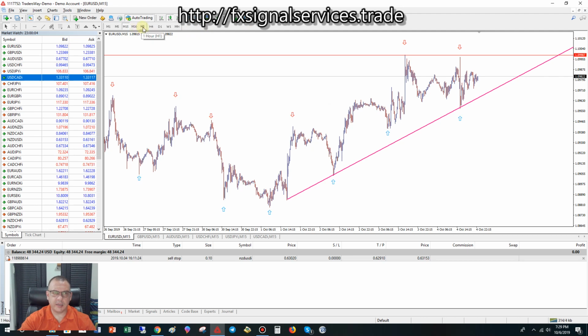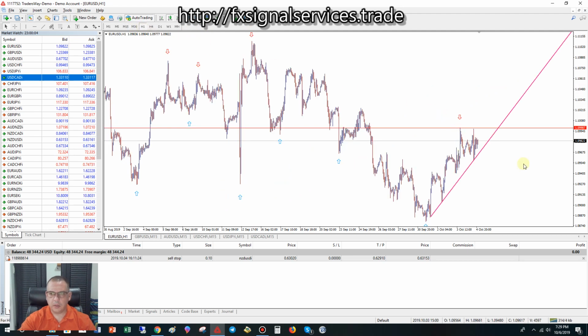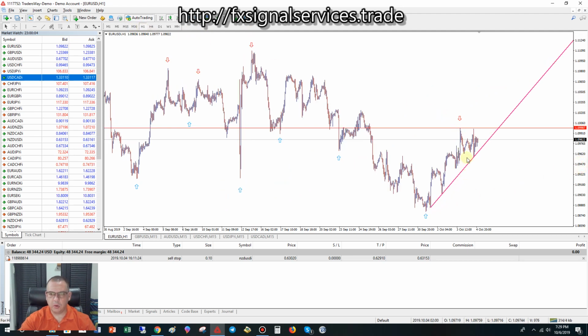And if we go to a higher time frame like the 1 hour, okay, we see that the price has been going up and up and up for the past week, but now it hit this level of resistance 2 times, okay? So I call that a double top. So we know that this is a pretty strong level of resistance. And typically, not always, but typically what will happen is this price is going to range inside this area.